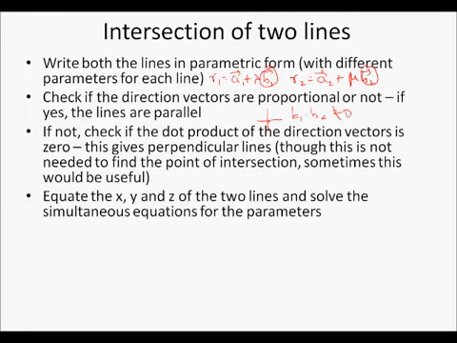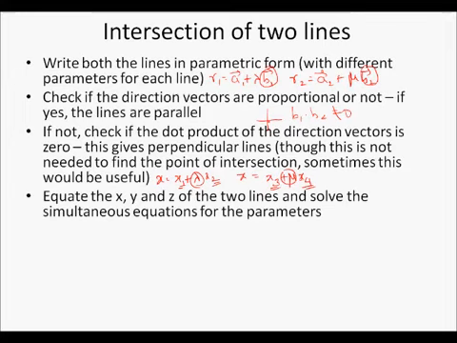Then equate the x, y and z of the two lines and solve the simultaneous equations. You know that x will be in the form of x1 plus lambda x2, and the other x would be x3 plus mu x4 or something like that. You know the numbers here, but you only have to solve for lambda and mu.